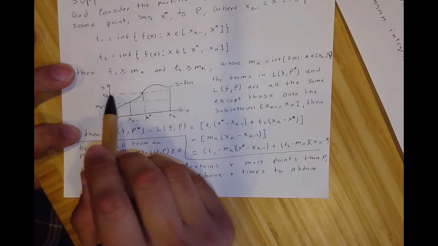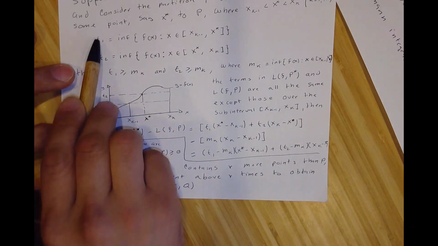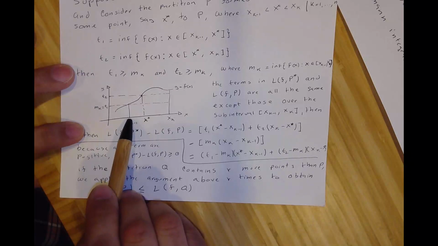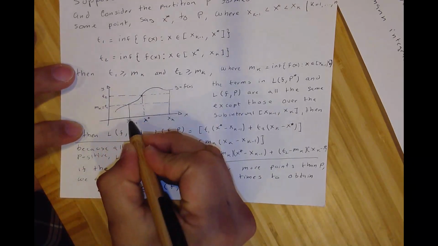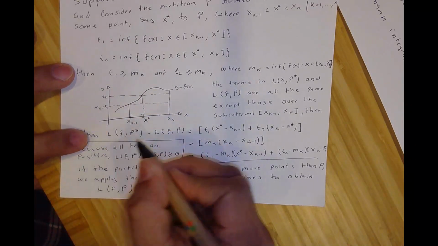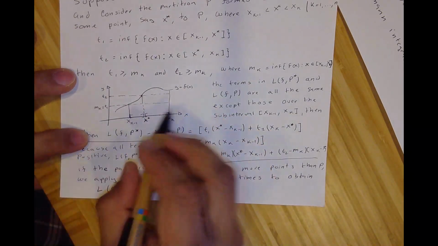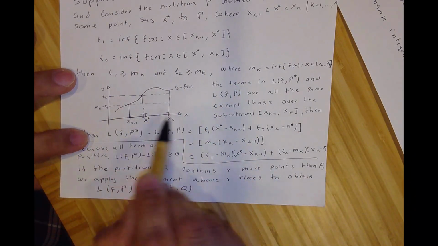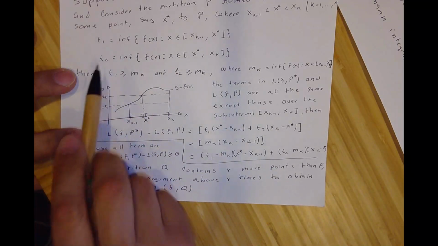It will be some point. Let's call the two infima t1 and t2. Basically, we are adding a new partition here, one on this side, or the other new partition on the other side. We are getting the smallest number in each of these two intervals, one for t1 and one for t2.